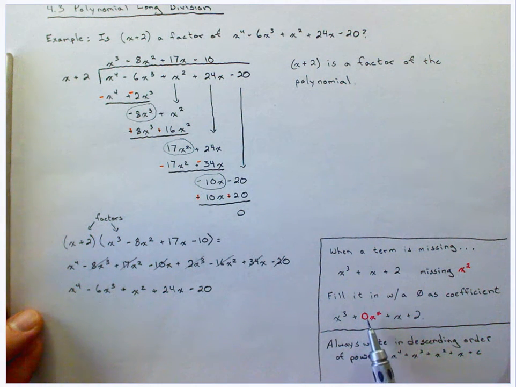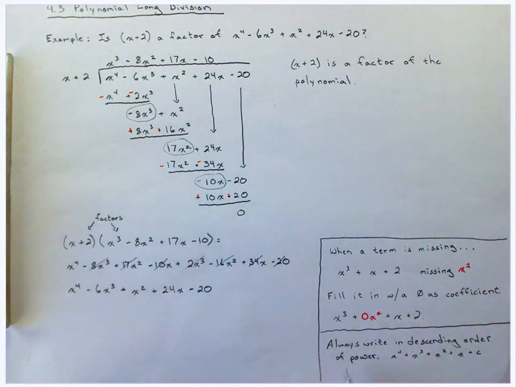So I simply write 0x squared. 0 times anything is 0, so really I've written nothing here. I've just saved the place for that x squared value whenever I go through. And as always, if you're given a problem and the powers of the terms are jumbled, rewrite it into standard form where the powers are descending. You have your lead term with its highest power and descending down.